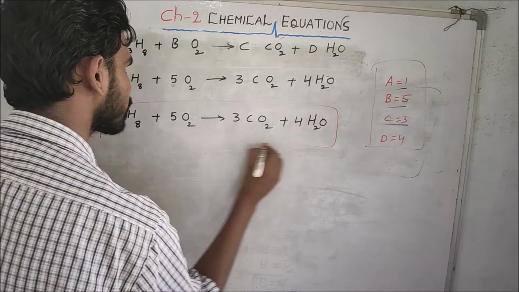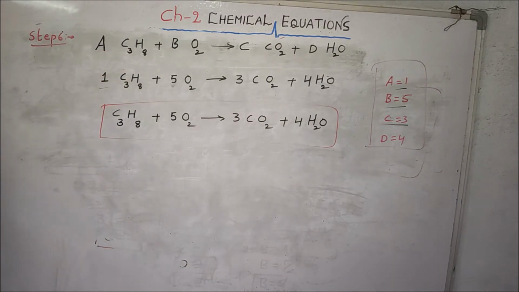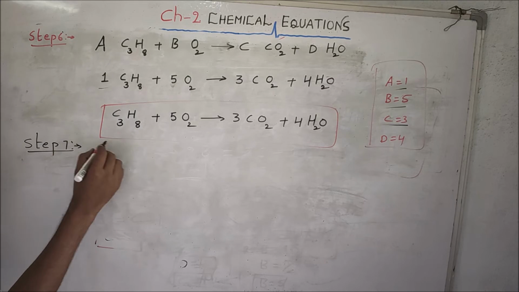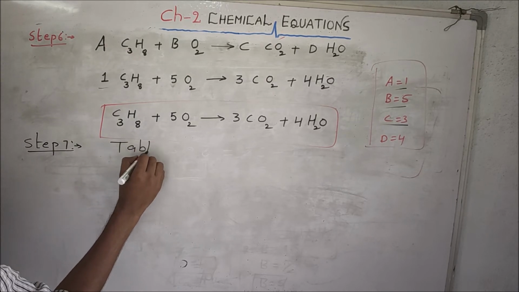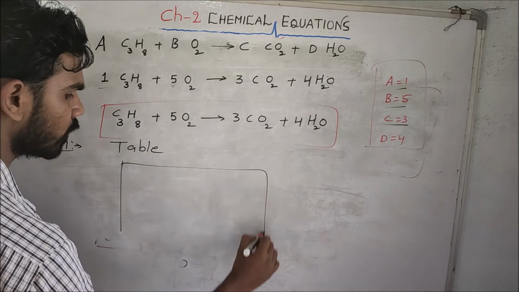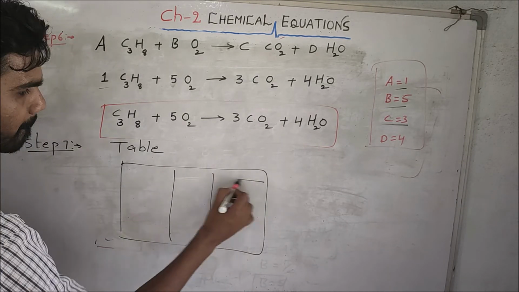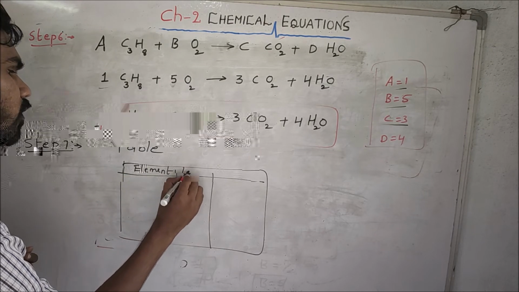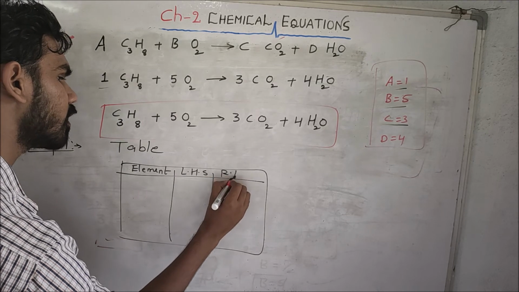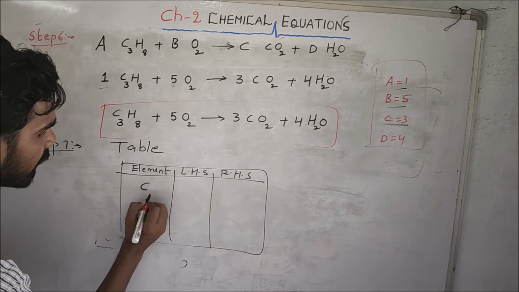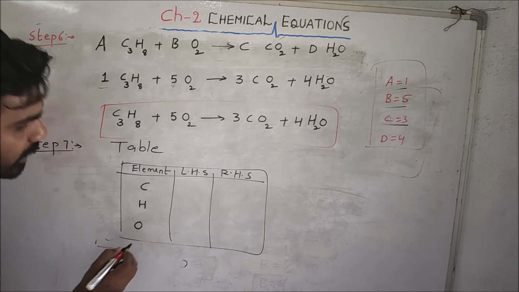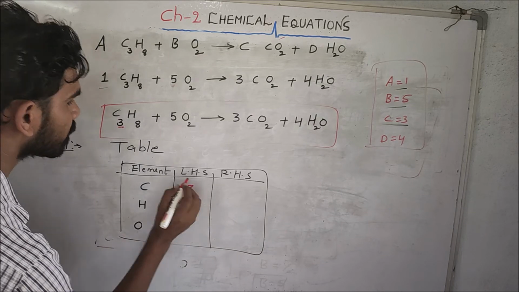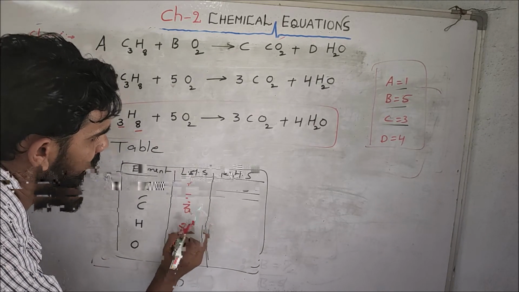Done, very good. Now we can write the table one more time. Step 7, write the table one more time. You know the table contains what? 3 columns. First column, element. Second column, LHS. Third column, RHS. What elements? Carbon, hydrogen, oxygen. Now you see, how many carbons? 3. How many hydrogens? 8.